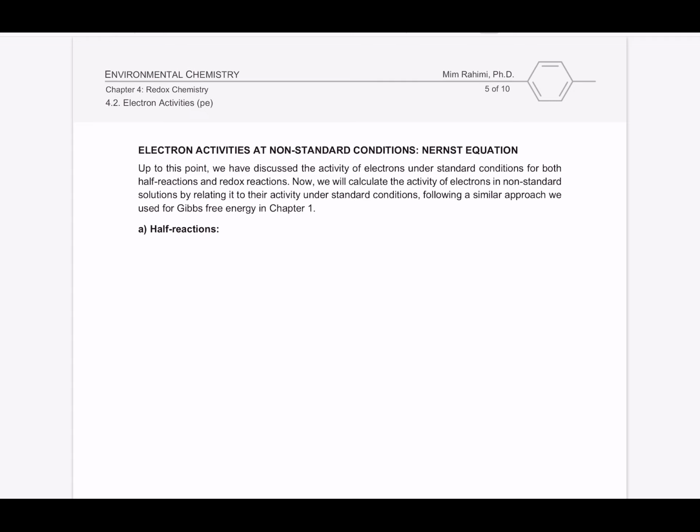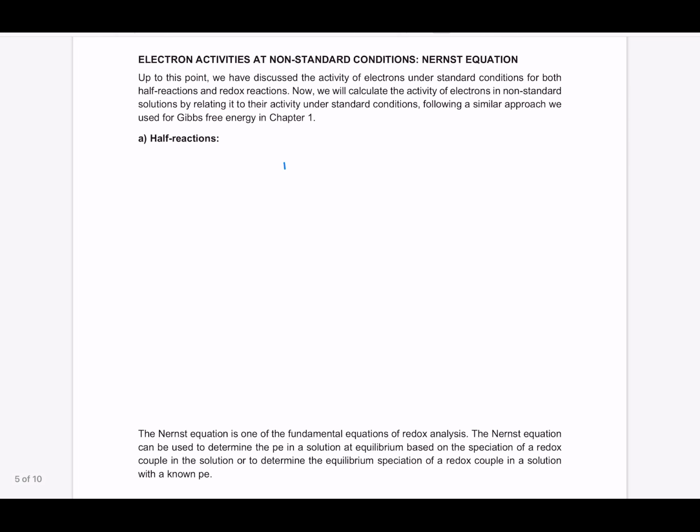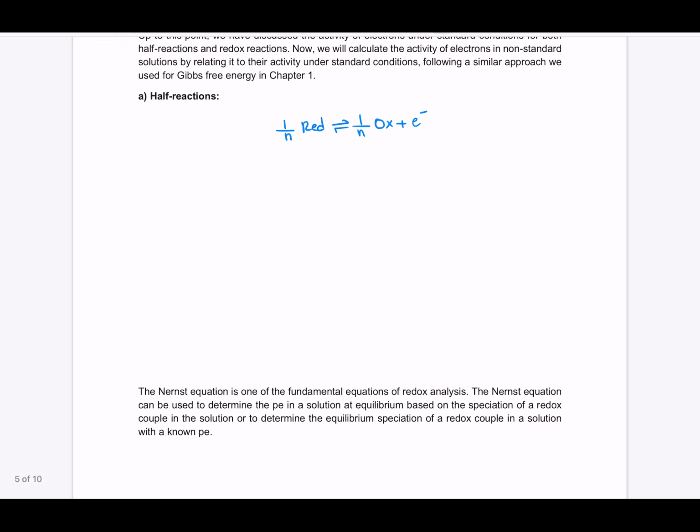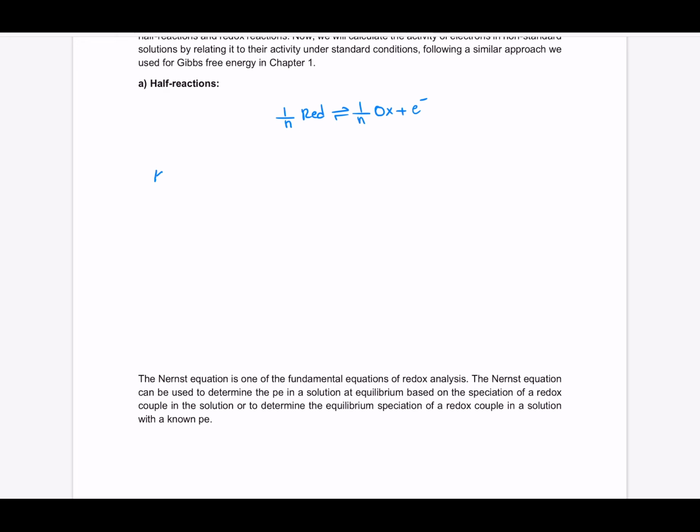So first let's focus on the half reaction and see what would happen if we have a half reaction with deviation from the standard condition. Let's assume, again, this general standard reaction of 1 over n reduced going to 1 over n oxidized plus electron. We know the K value for this case because it's written in the standard notation.